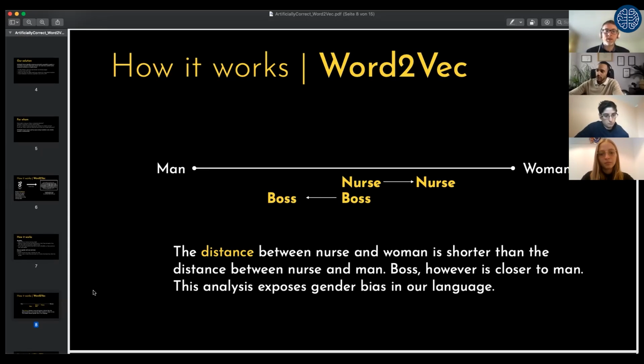To give you an example, we plugged the two words, nurse and boss, into this graph over here, and we saw that nurse corresponds more to woman and boss corresponds more to man. The word-to-vec model shows that boss appears more often with man, and nurse appears more often with woman.